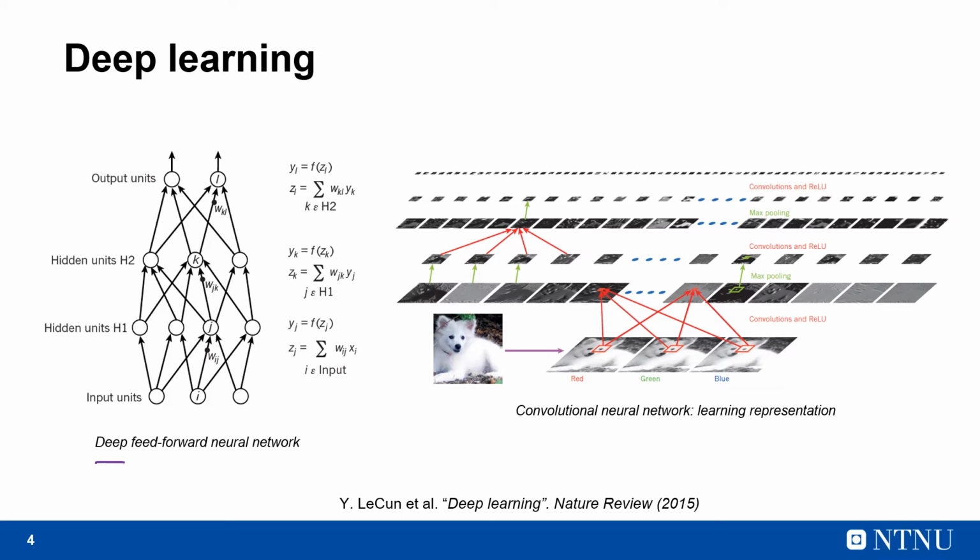Here in the image we see two examples from a paper of Yann LeCun in Nature Review of a deep feed-forward neural network scheme and a convolutional neural network. So deep learning can be considered as a branch of machine learning where mainly networks are made of many hidden layers.